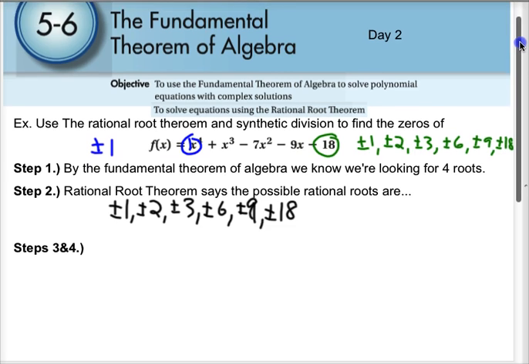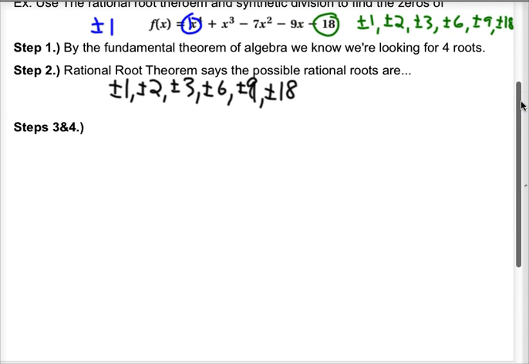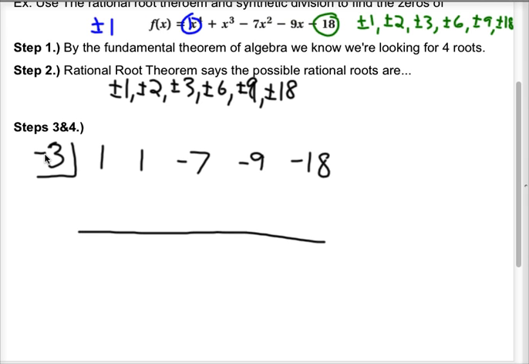I'm going to use it so I can use synthetic division to wean this down to a quadratic. So I'm going to start with that -3. So 1x to the 4 plus 1x cubed minus 7x squared minus 9x minus 18. Pull down the first number, multiply by the -3.